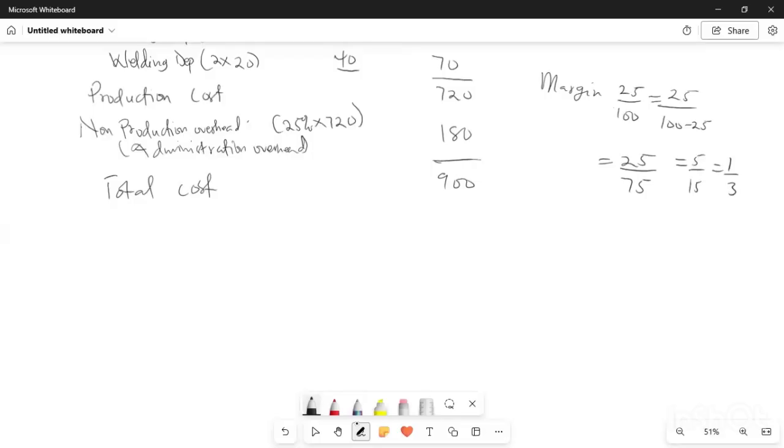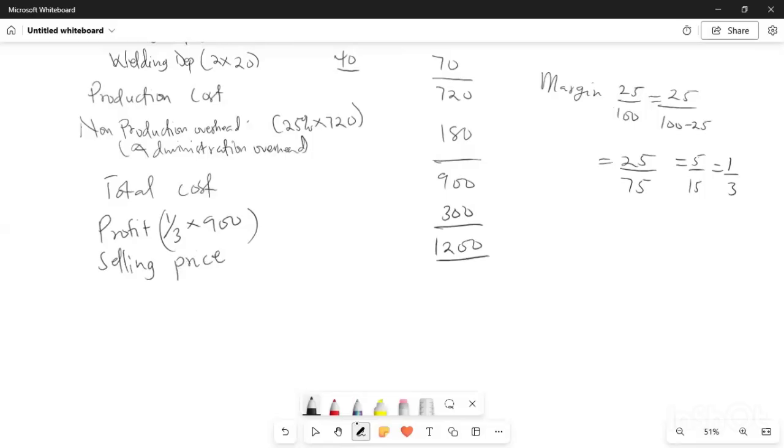Now we can calculate this markup on the total cost. So when you calculate the 1 over 3 on the total cost, which is 900, then we are going to have our profit. So our profit and the cost 900 give the selling price.